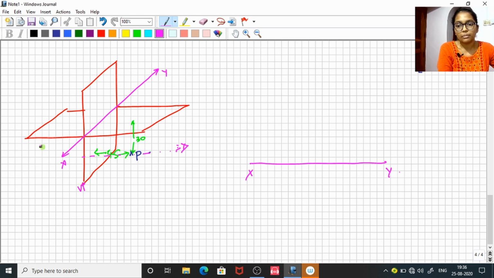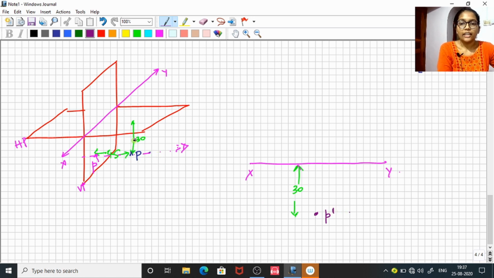This is your vertical plane, isn't it? The line of sight hits the vertical plane over here, and let it be P dash. Okay, so the observer says that the point P dash is located 30 mm below XY line. So please locate a point which is 30 mm below XY line, and here goes your P dash.